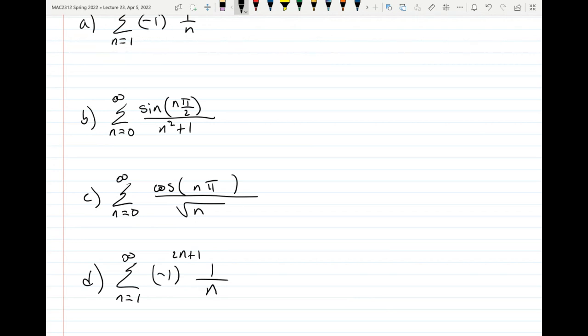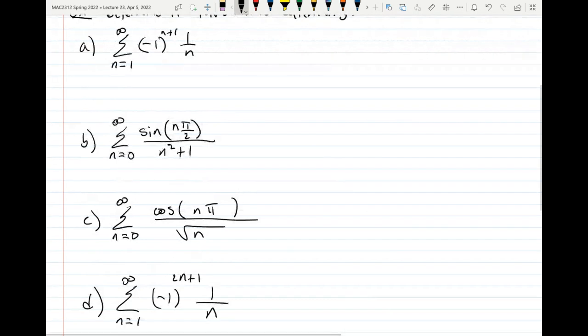Again, I'm just making up some examples here. The point is, I want to make sure that you recognize whether the series is alternating or not.